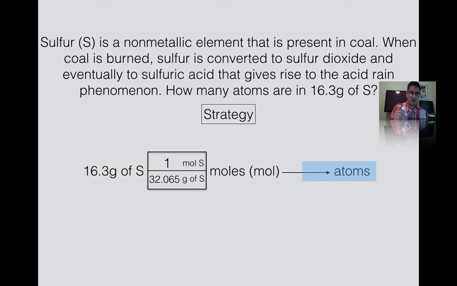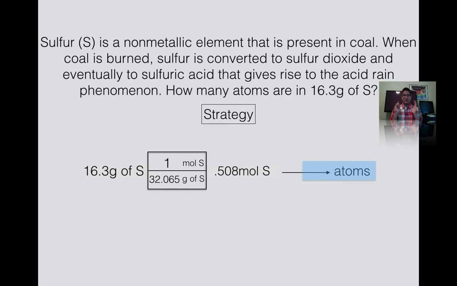So 1 mole of sulfur is 32 grams. This will allow me to get rid of my unit of grams of sulfur, and then it will give me the moles of sulfur. So 16.3 grams of sulfur equals 0.508 moles of sulfur.